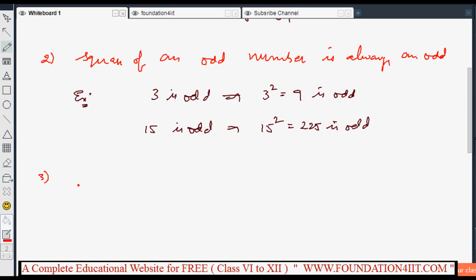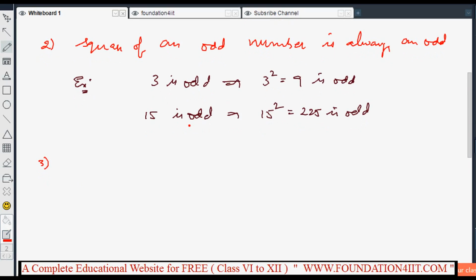The square of a proper fraction is a proper fraction less than the given fraction. So for example, if you take any proper fraction, a proper fraction means the numerator is lesser than the denominator, right?